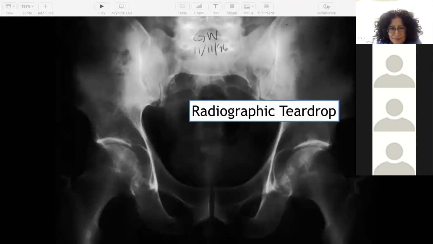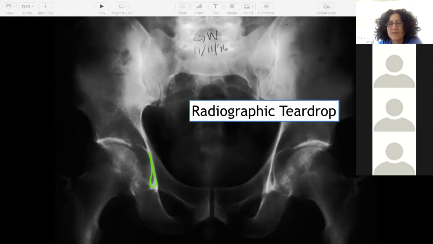Sanesh told us the teardrop represents the medial wall of the acetabulum. Remember, Letournel's classification talks about columns and walls. So if the teardrop is broken through, we just have to think about how that fits in the classification. One limitation of Letournel is that it describes common injury patterns, but it doesn't really describe the entity of an osteoporotic fracture, which has particular features, including medial wall comminution and medialization of the femoral head.